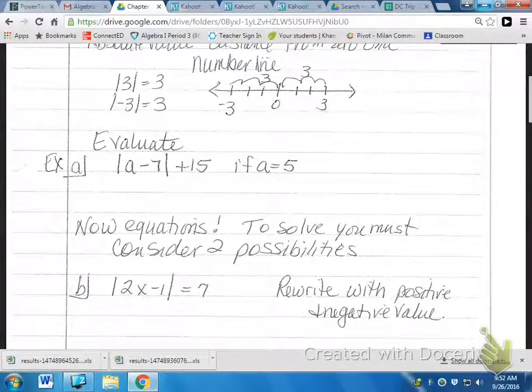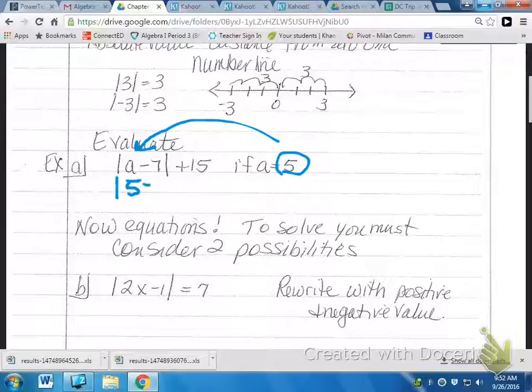If you had to evaluate the absolute value of a minus 7 plus 15 if a were 5. When you evaluate anything with variables, you always plug the value of the variable in, and then you do the steps following PEMDAS. So we would put in the absolute value of 5 minus 7 plus 15. You would have to perform what's in the absolute value first.